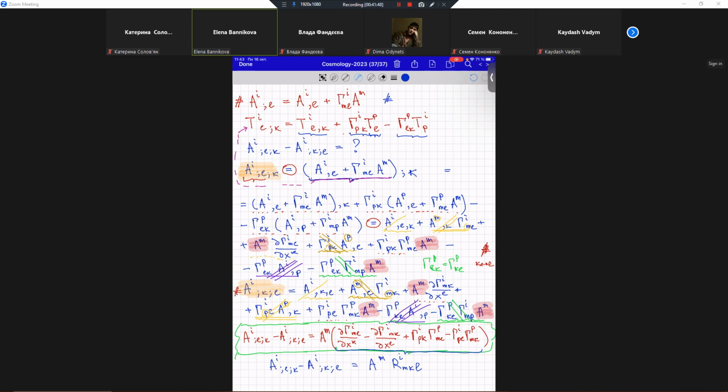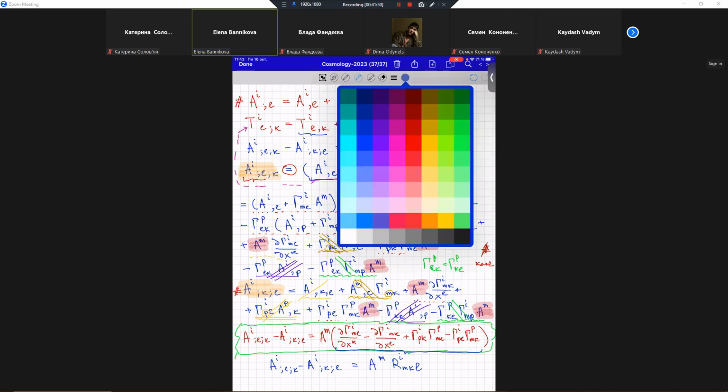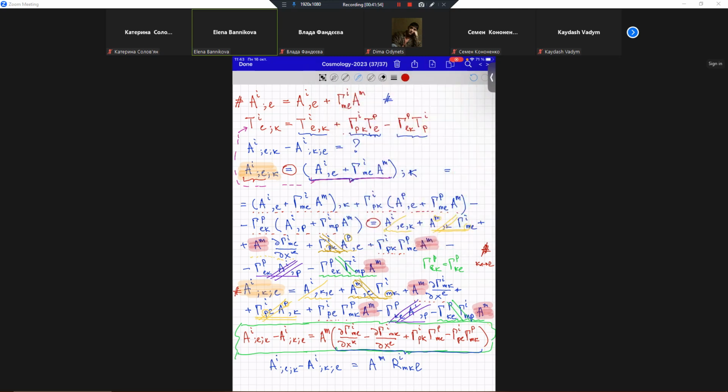And this object which we obtained, this exactly is called the Riemann curvature tensor.